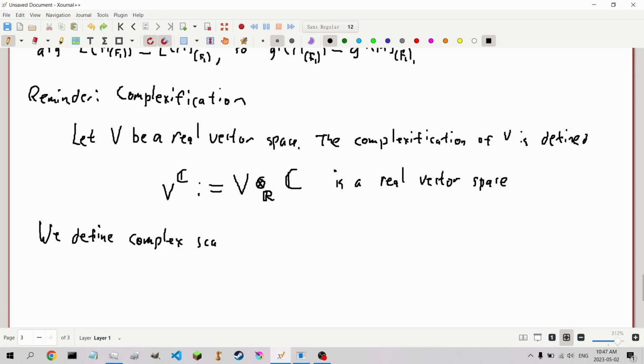Keep in mind this isn't algebra, so we don't have an internal product. Our element in V_C is going to look like some vector v tensor some complex number beta, and the complex product with a complex number alpha, we're just going to set it.